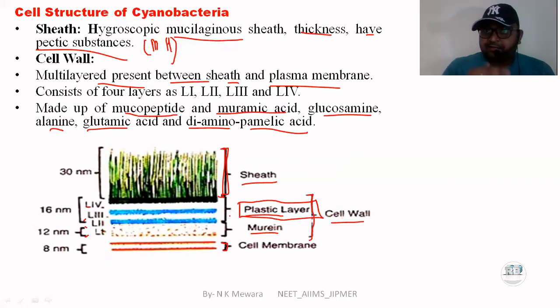The middle and lower layer near the cell membrane is made up of murein, which is looser compared to the plastic layer, that is, compared to L2, L3 and L4. So these layers are hard and one layer is the smooth layer.